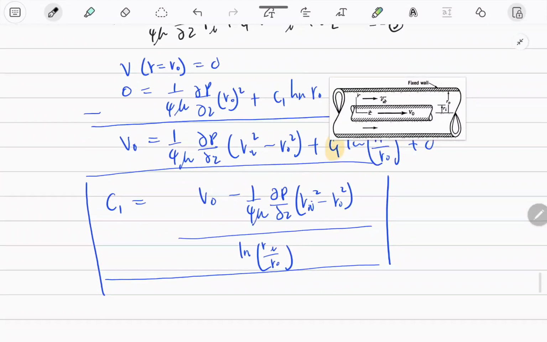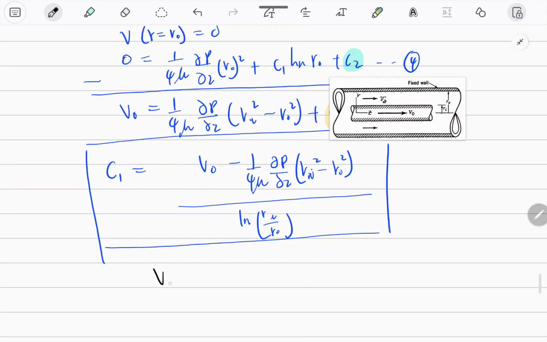I think it looked like, let me say v at some r is going to equal 1 over 4 mu dp dz r squared plus c1. Is this thing, I don't want to write it again, let's just keep calling it c1. I know we know it, just makes things not look nice.